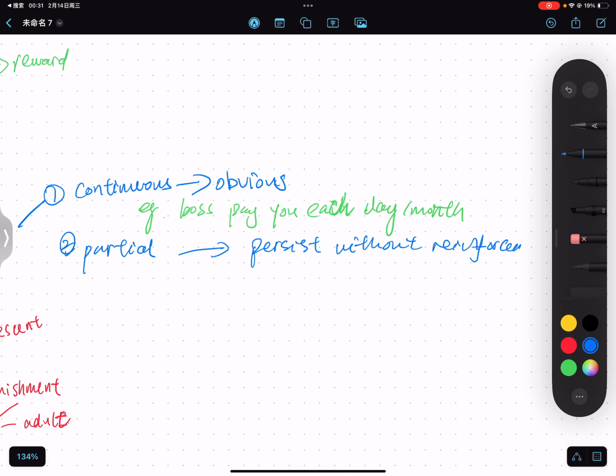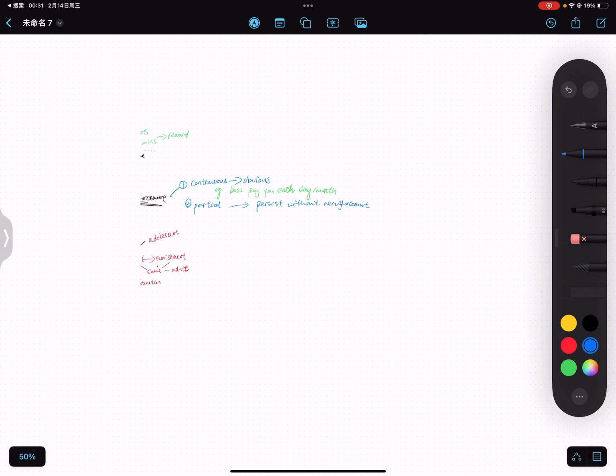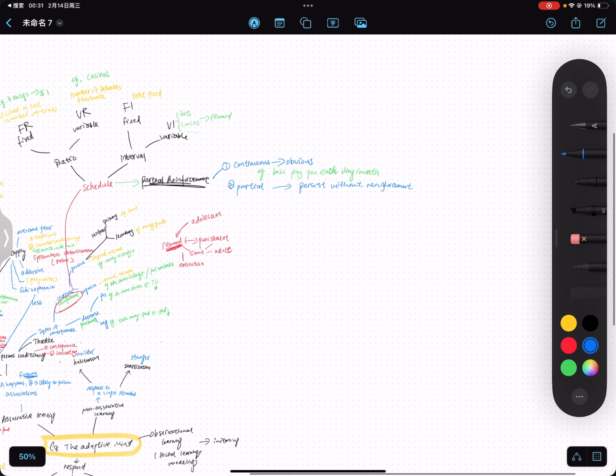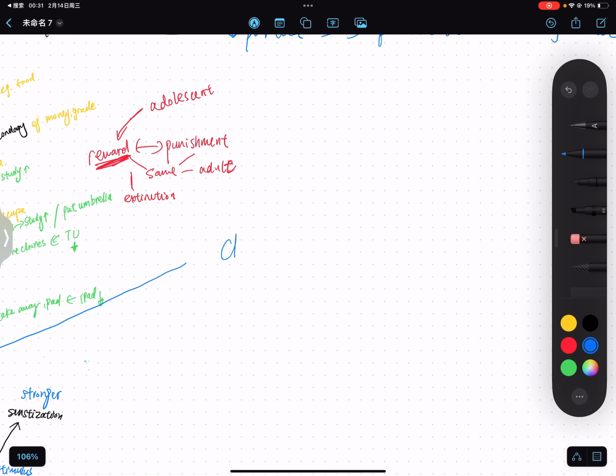For example, you go fishing and do not have a fixed reward, but the partial schedule will provide rewards and make you continue. And then the method of successive approximation. I will mention one of the things, shaping, because it's a really important method to use.